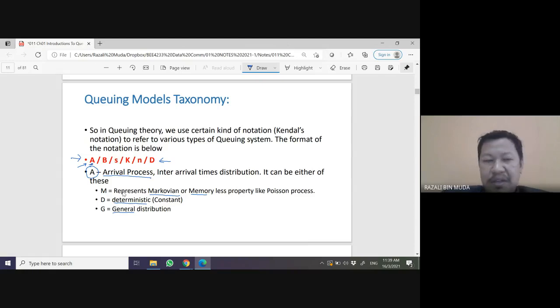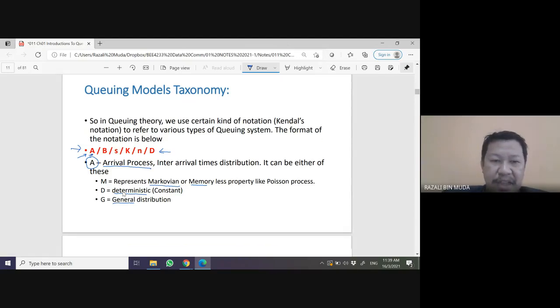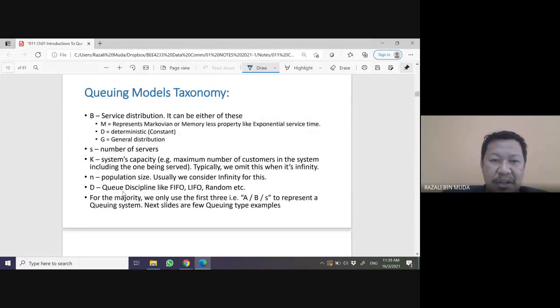So what is B? The second notation is B, which is the service distribution. It can also be M, D, or G: M represents Markovian, D deterministic, and G general.